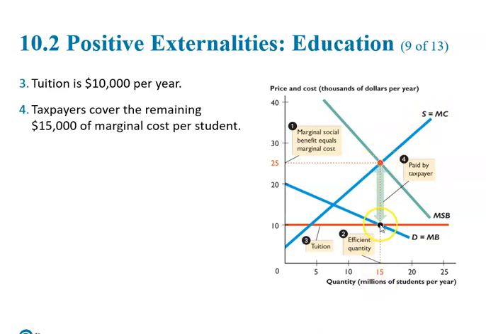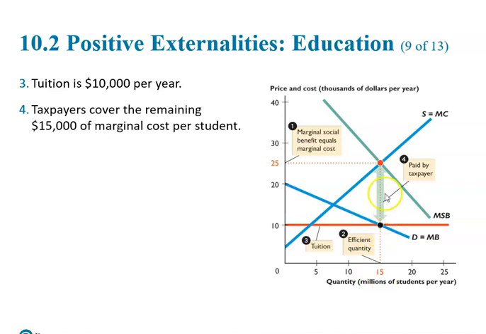So the price that the government should charge, which will get consumers who are looking at the marginal private benefit curve to consume at the quantity of 15 million students per year, is $10,000 per year. So if the government says that the tuition per year is $10,000 per year, the quantity that will be demanded for education would be 15 million students per year enrolled.